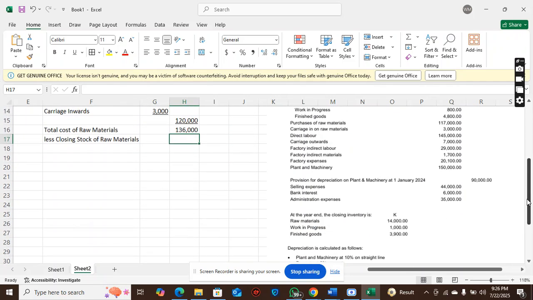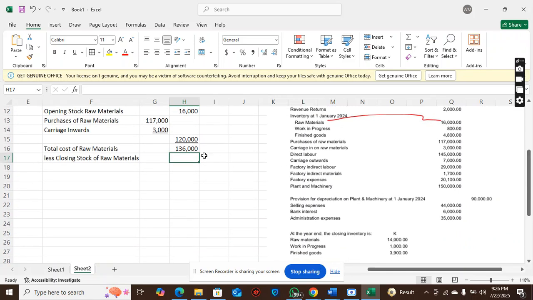Okay, because we haven't used all the raw materials. We remained with some worth 166,000. All right. So now I'm interested in the raw materials that went into the manufacturing.